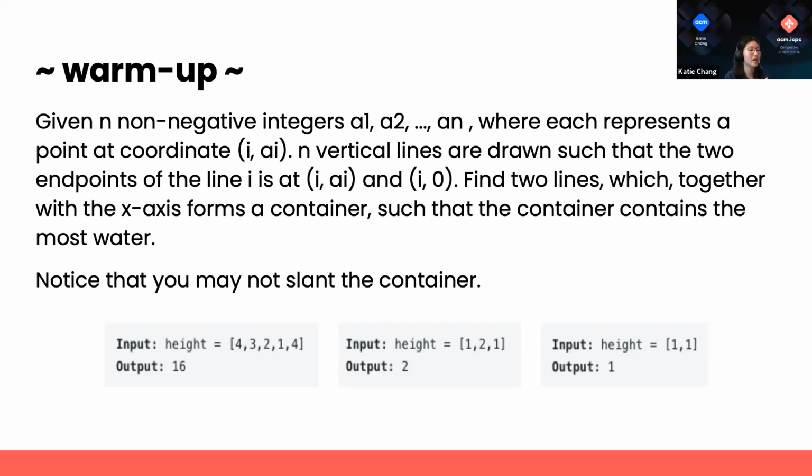Whereas if we use the two edges, the height is still 1, but our width is expanded to 2. 2 times 1 is 2, so that's actually better. And then 1 versus 1, that's pretty obvious, it's 1.